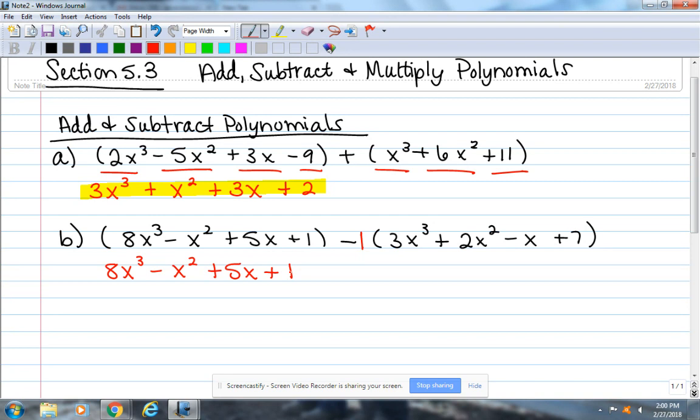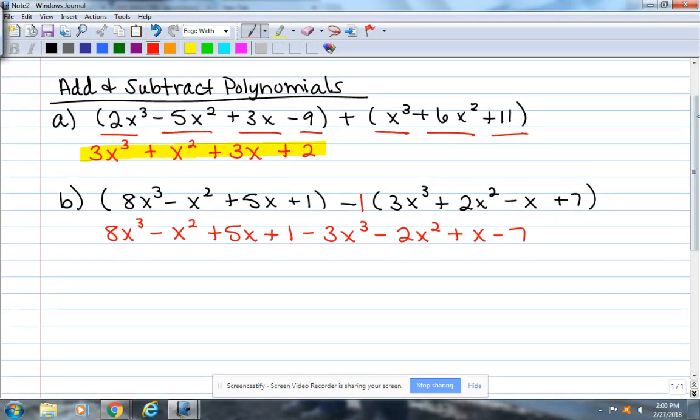So that's going to become a -3x to the third, a -2x squared, a positive x, and a -7. So if you're subtracting two polynomials, your first step is to keep the first polynomial the same, change all the signs in the second one. And then you're going to combine like terms again. Okay? So we're going to start. What's my highest exponent we got?